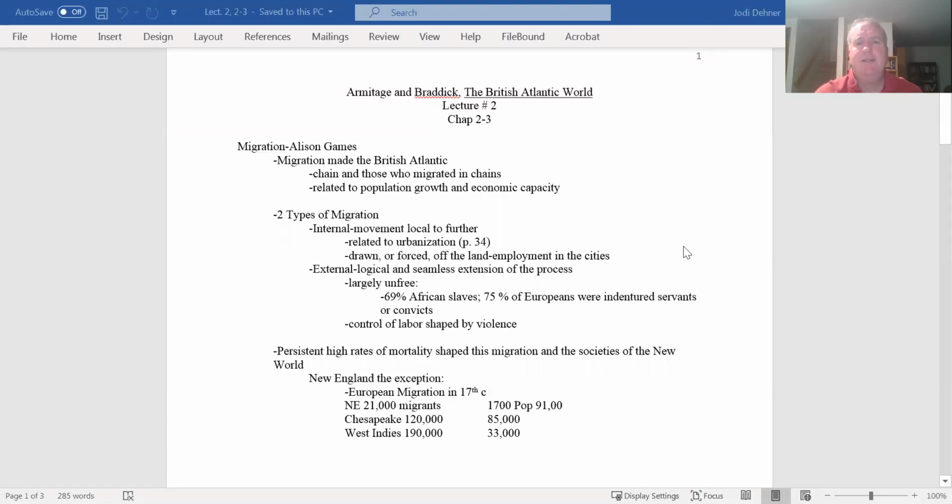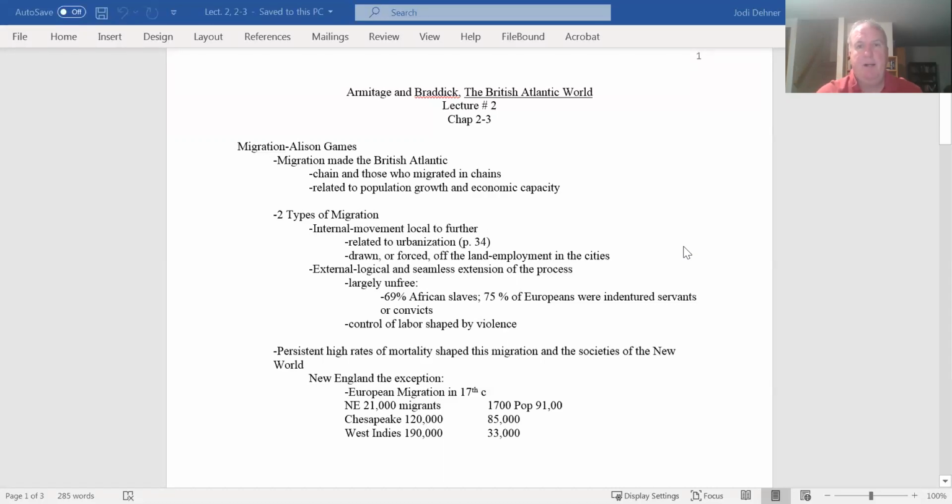Migration in chains says you're dragged there and sold there. And as we've seen previously with Klein, the Atlantic slave trade is a major system of migration of people in chains, but it also includes indentured servants, people who sign up for temporary slavery, and convicts, people who are convicted of crimes and sent.